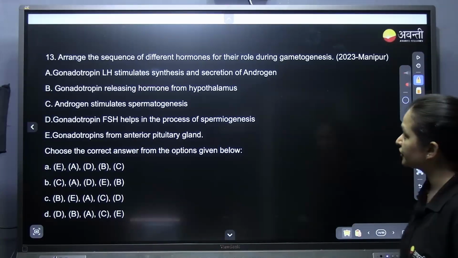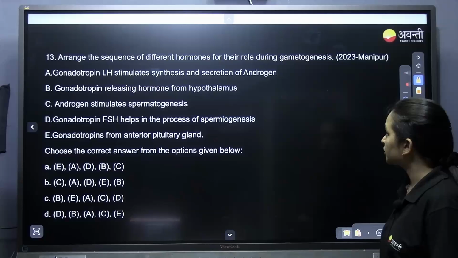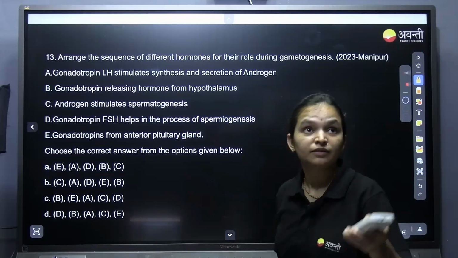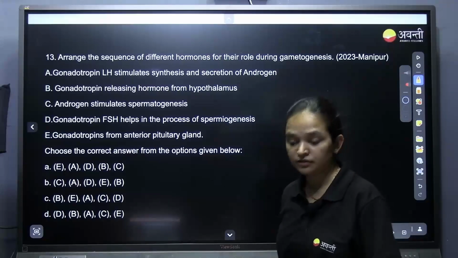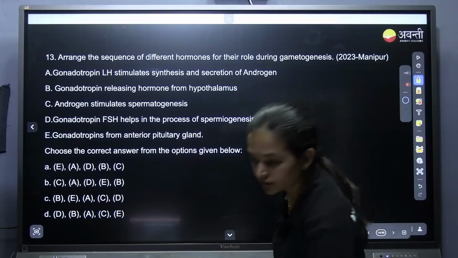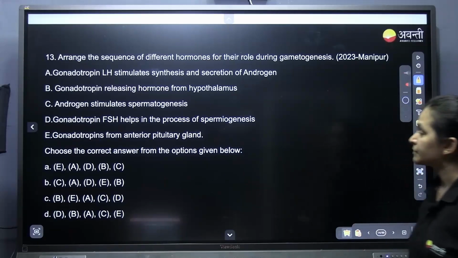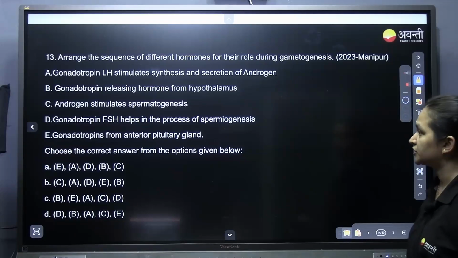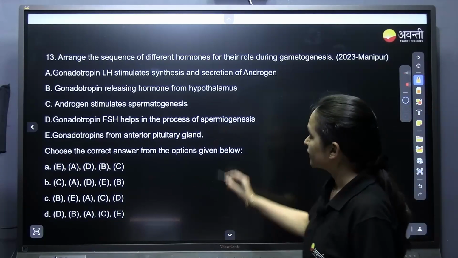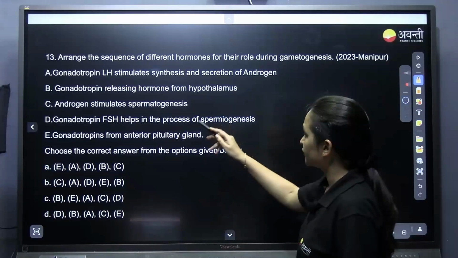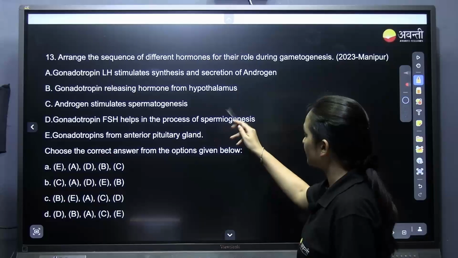Arrange the sequence of different hormones for their role during the gametogenesis. Gonadotropin LH stimulates synthesis and secretion of androgen. Gonadotropin releasing hormone from hypothalamus.